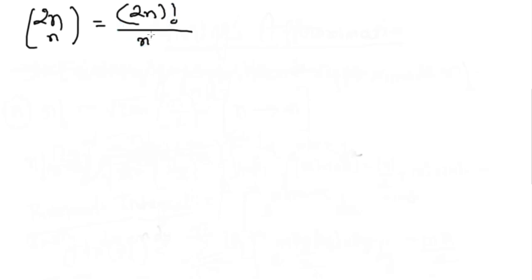Okay, let's see if we can try and approximate the 2nCn. So what is this basically? This is 2n factorial divided by n factorial squared. Correct.